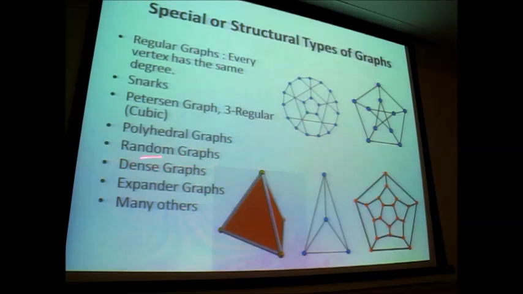And then I mentioned a little bit about random graphs. I'm not going to talk about these. We'll look at density a little bit, but there's the idea of dense graphs and sparse graphs that comes up. And there's an area called expander graphs, which we're not going to talk about, but it's a pretty big area. I've seen a lot of stuff on it, and it seems to have a lot of applications in computer science. And then there's many others.